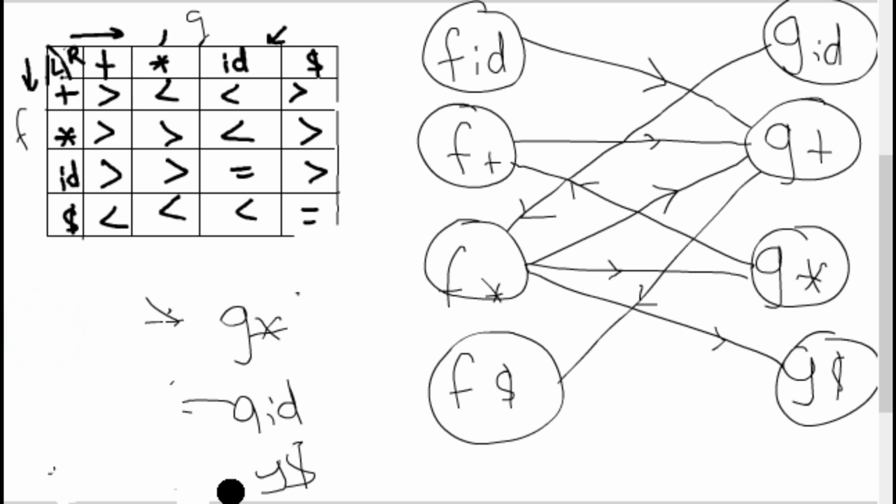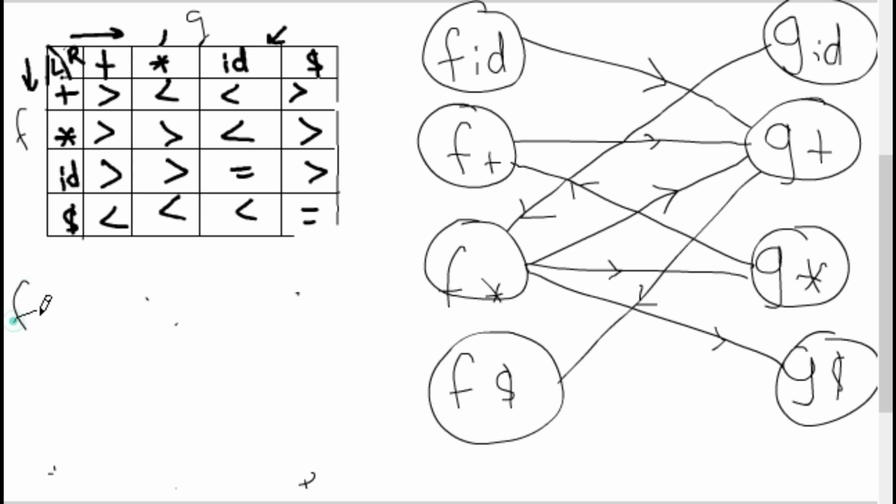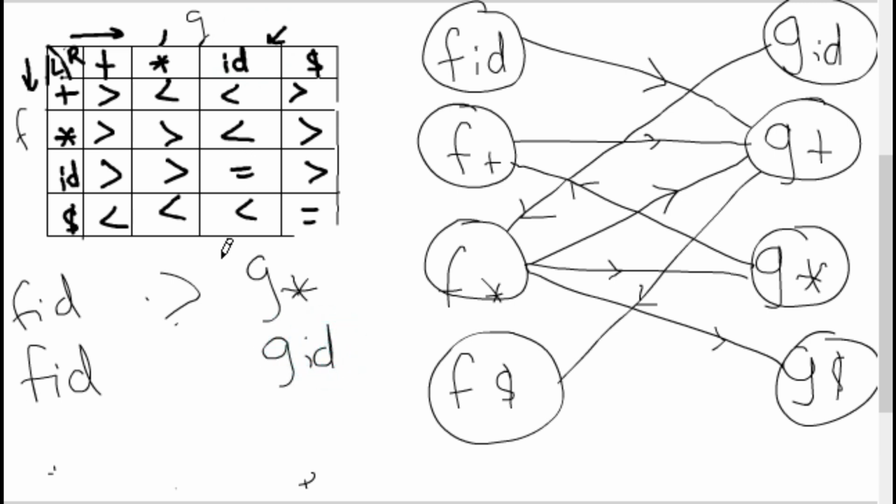Now let us draw more edges. For f id on the left hand side and g star on the right hand side, in between them there is this symbol. There is f id on the left hand side and there is g id on the right hand side, and in between them there is equal symbol.